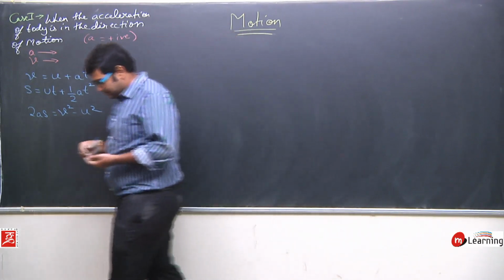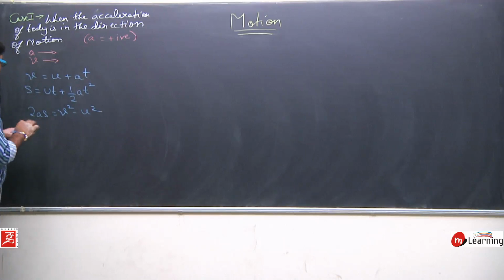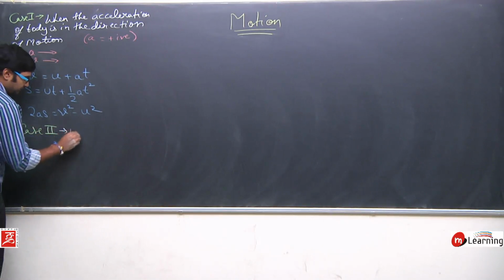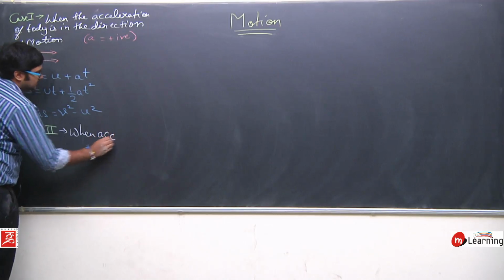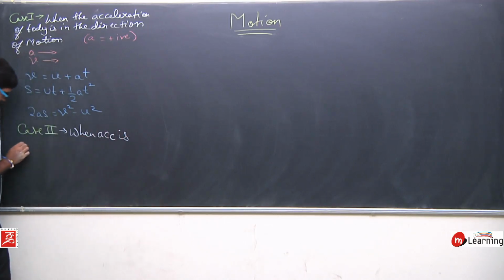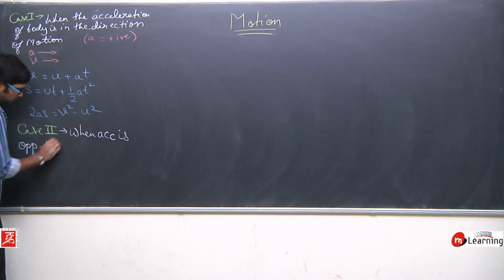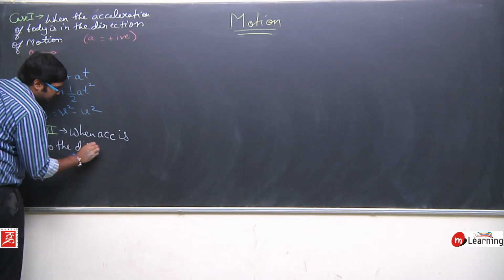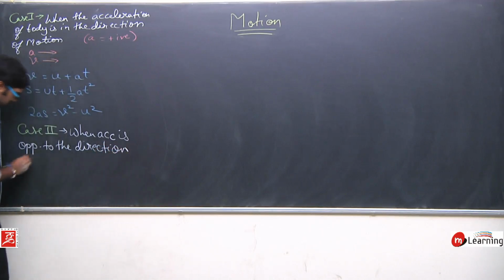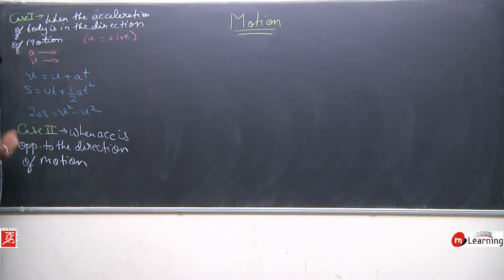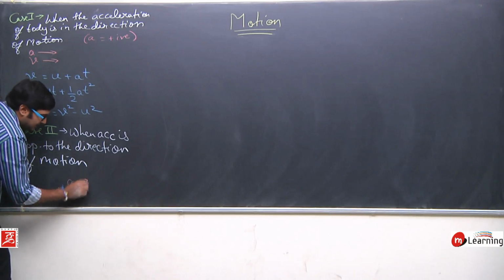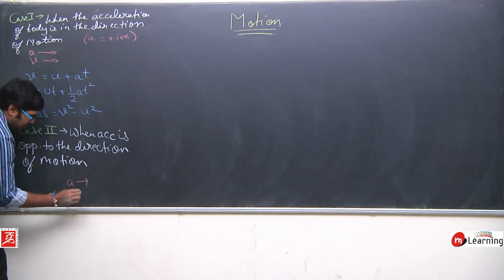Okay, but when the situation changes, consider case 2. When acceleration is opposite to the direction of motion. What will happen when acceleration is in the opposite direction of motion, that is the direction of acceleration and direction of velocity are opposite.